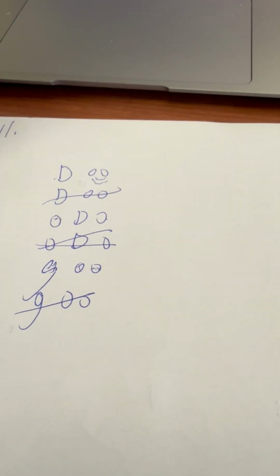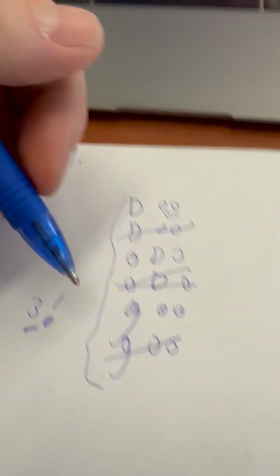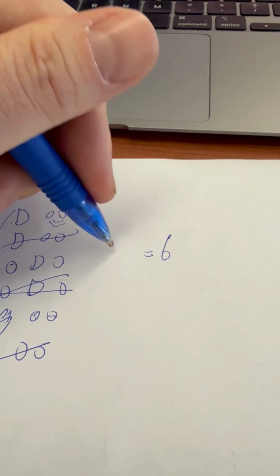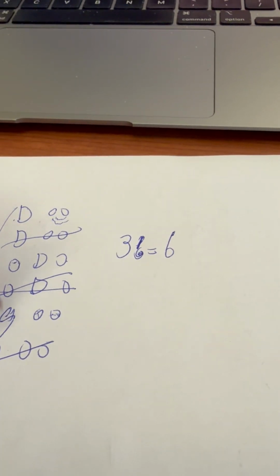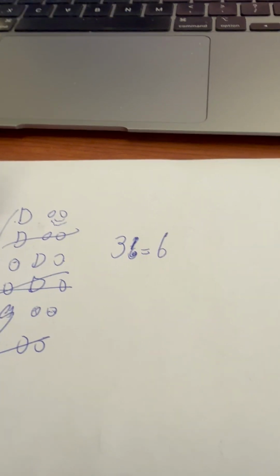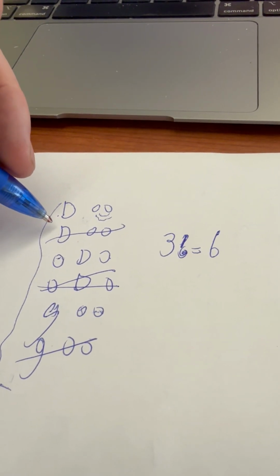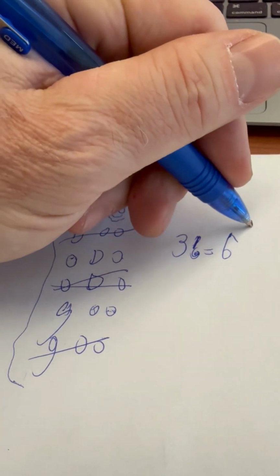So we could still do our full 3 factorial, because 3 factorial is 6, but then we got these other 3 that can't count. So how do we end up with just 3 choices instead of 6?